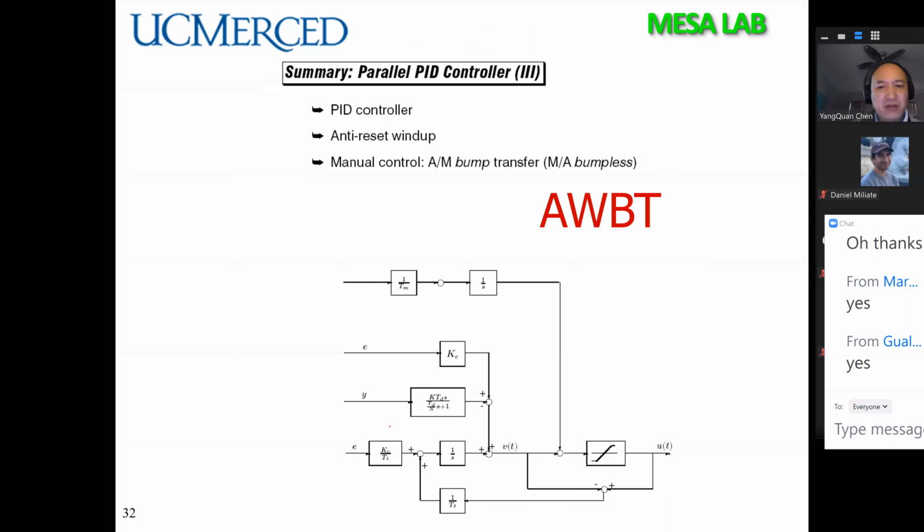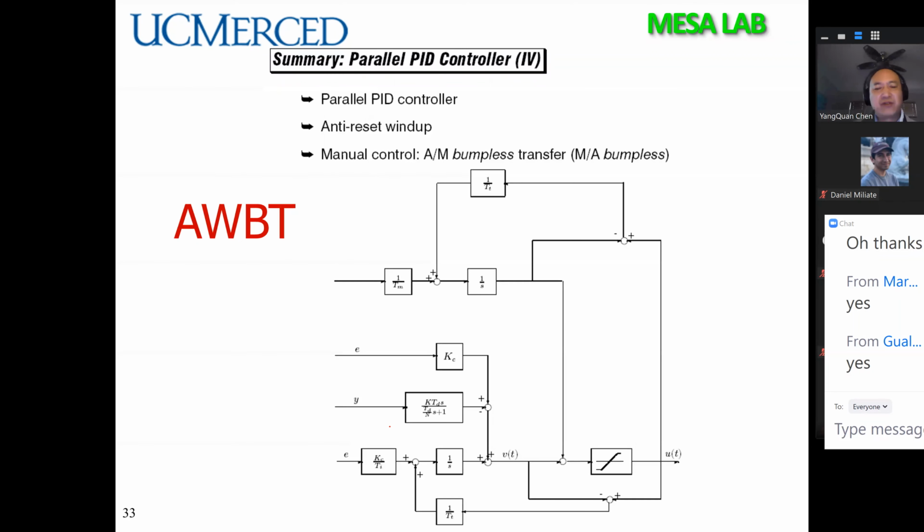The bumpless transfer is to pull out the signal in here compared to here. We use a parallel PID as an example with anti-windup. Then we do a manual control. We hope we can have AM, MA, AM, MA, bumpless switching. That is the architecture for that.